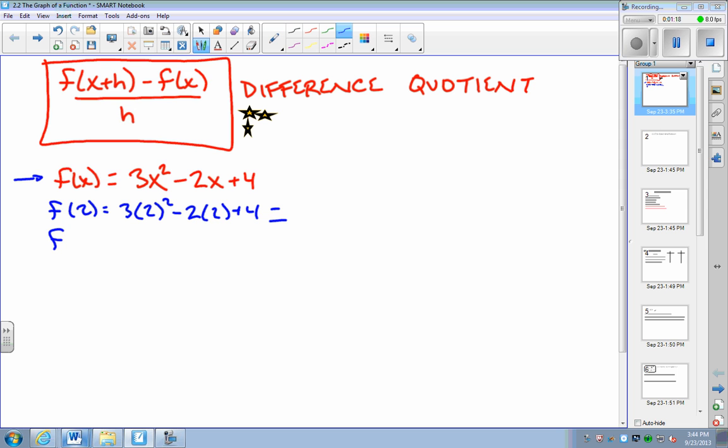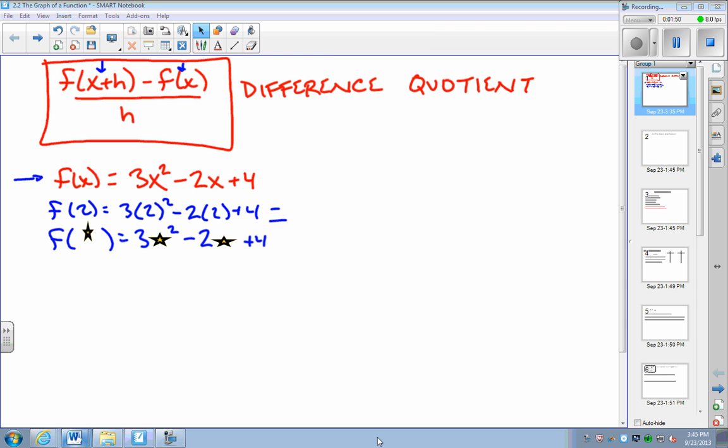If I ask you to do f of a star, everybody could go, oh, I'm going to do 3 times a star squared minus 2 times a star plus 4, and then whatever it is. Just pretend the stars are these things right here. This is what we're plugging in. And with the f of x, we're not really plugging in anything at all.